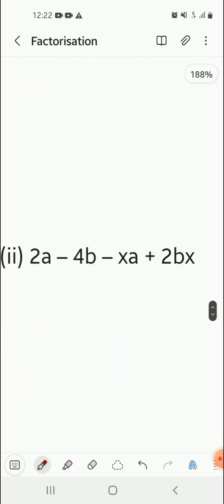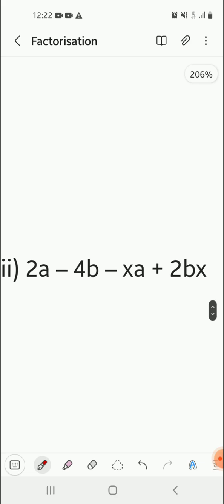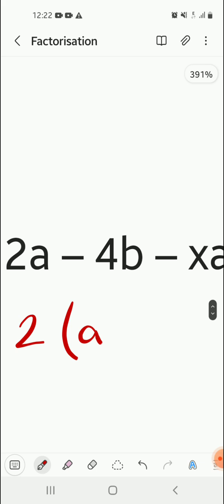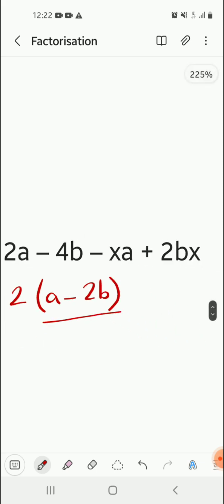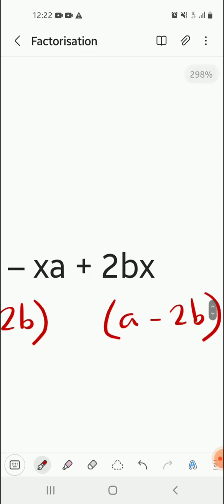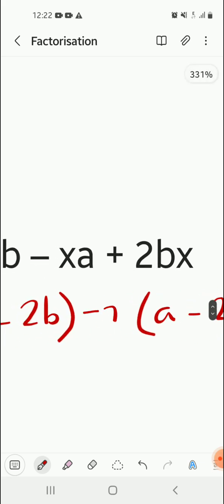Moving on here. Again, what common we have is 2. So here we are left with a minus 2b. Since we have written a minus 2b, we're going to write the same thing here, a minus 2b. Now in order to match it, we have to multiply it with x.